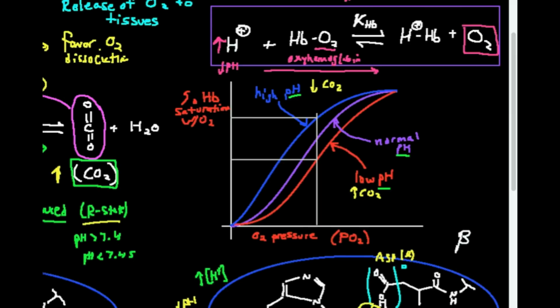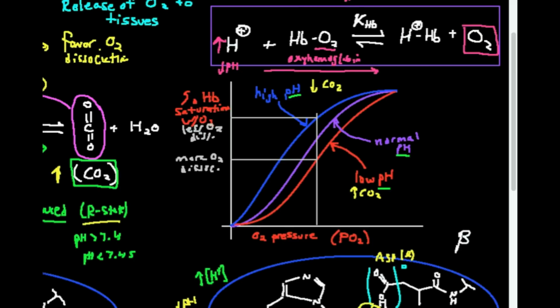So that means I have more O2 dissociation, right? That's what we talked about in the last video with respect to hydrogen ions. If I have high pH, low CO2, this is less O2 dissociation.